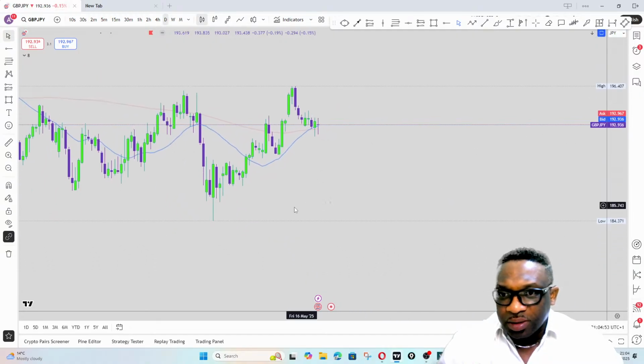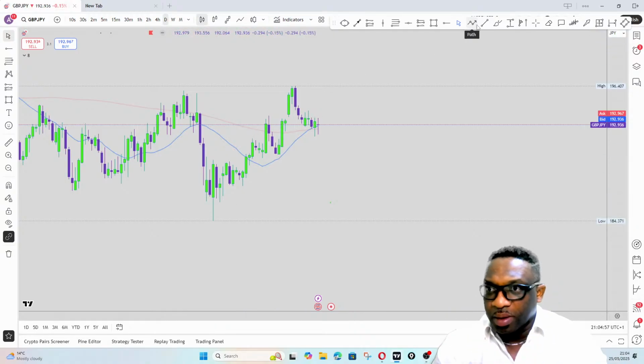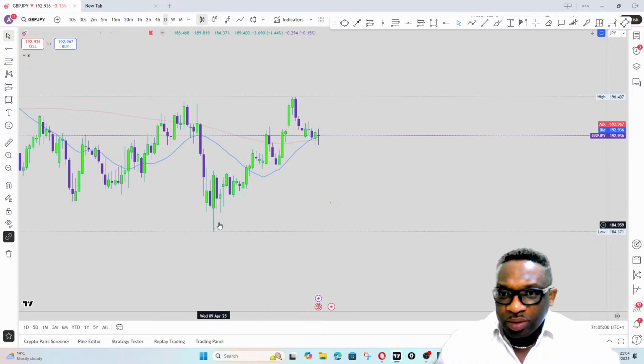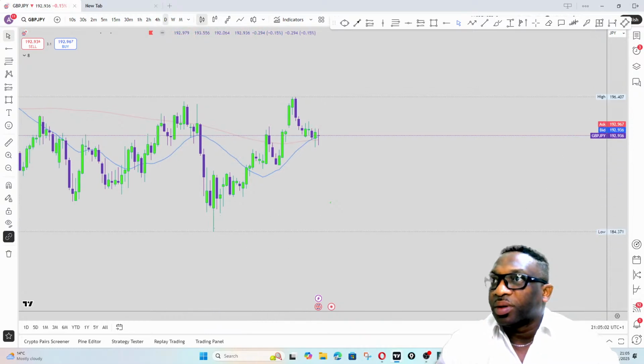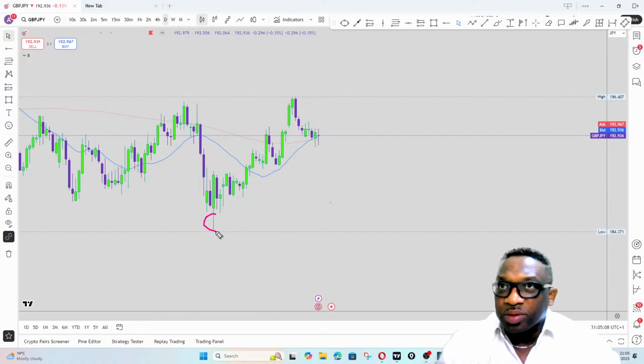Looking at the chart from this point onwards, so we're going to read it from this point onwards.